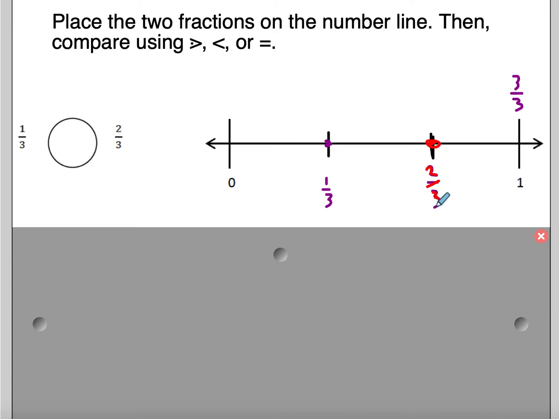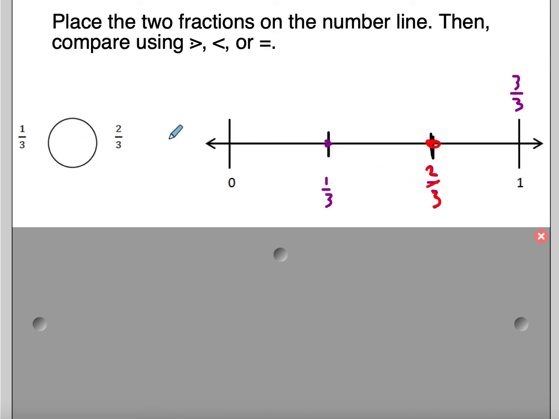Okay. So now I'm going to look at these two fractions and compare their distance to 0 to see which one is greater. If I go from 0 to 1/3, that's just one jump. From 0 to 2/3, it's two jumps. So I see 2/3 is further away from 0, so I know it's greater than 1/3. But I want to use the correct symbol to finish this statement. 1/3 is less than, greater than, or equal to 2/3.